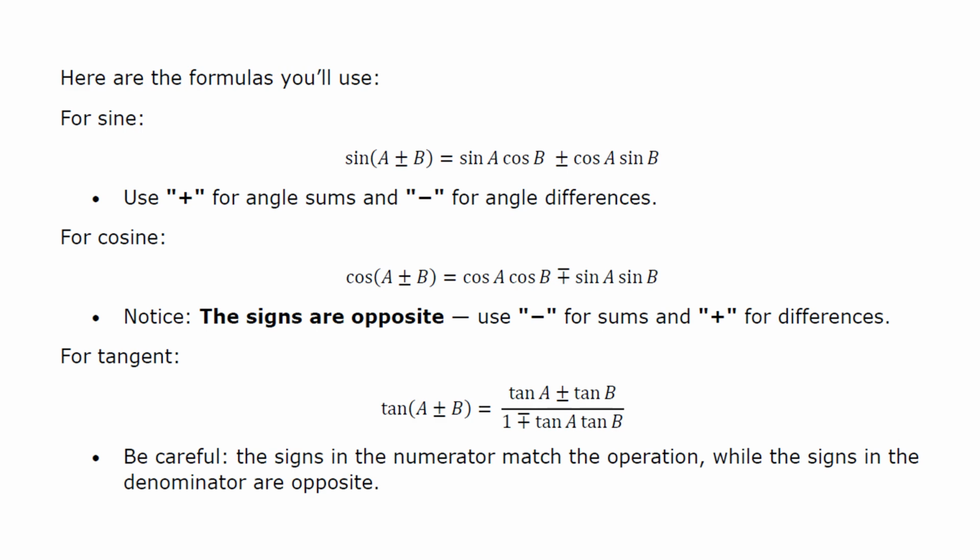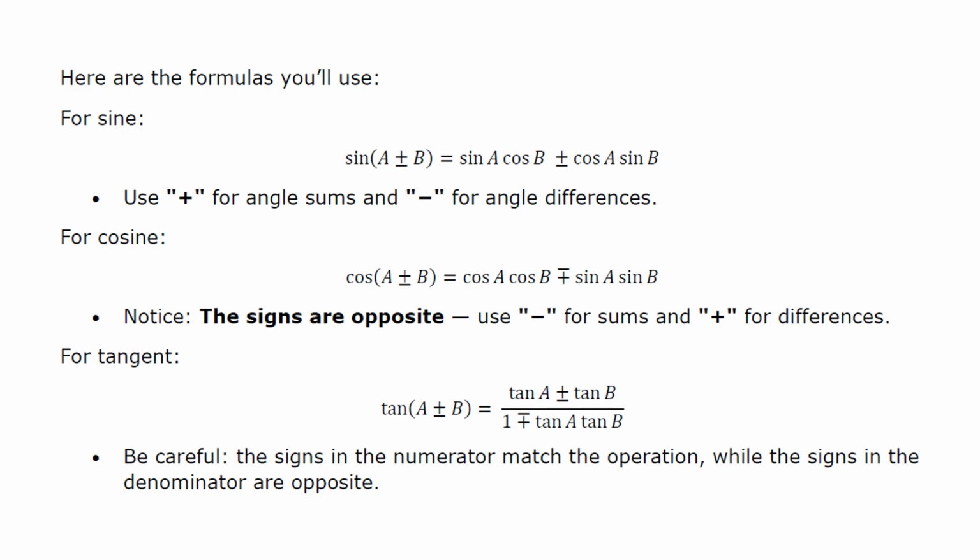For tangent, we have tan of A plus or minus B equals tan A plus or minus tan B divided by 1 minus plus tan A times tan B. Okay, so the signs in the numerator are going to match the operation, while the signs in the denominator are the opposite.